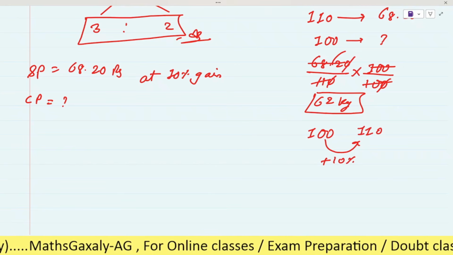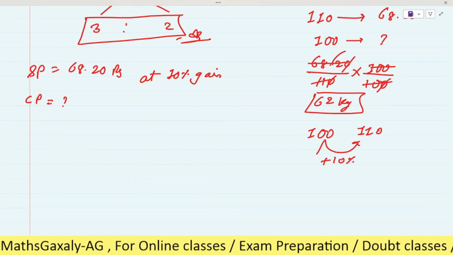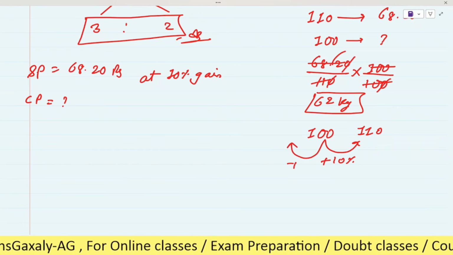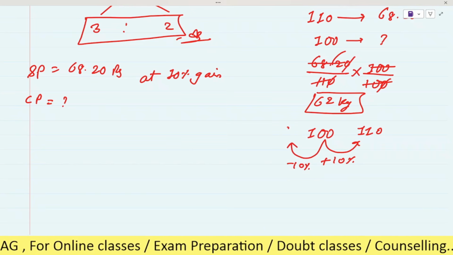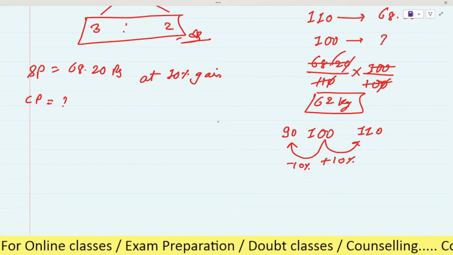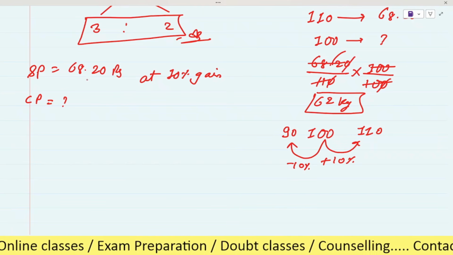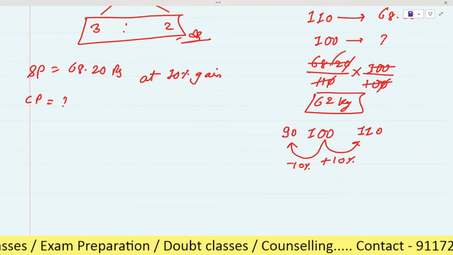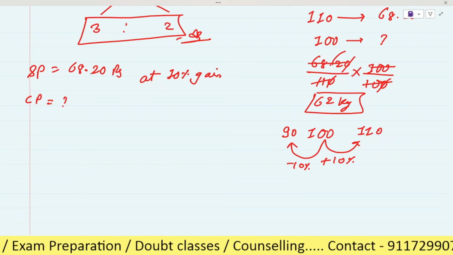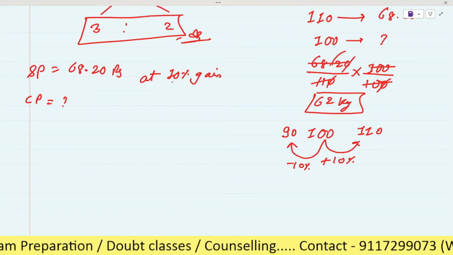If we are selling this product at 10% loss, then what will be the selling price? 90. Here we sell the mixture at 68.20, and when we sell the mixture at 68.20 we get a profit of 10%.